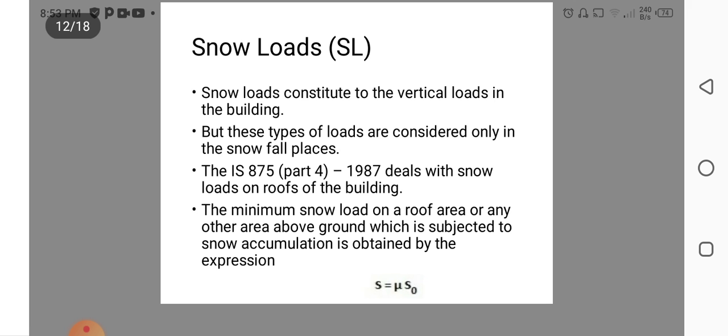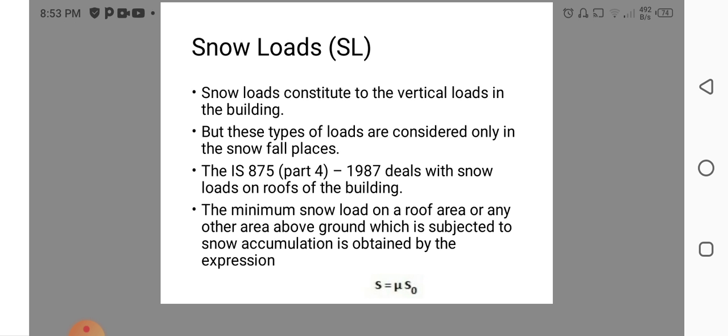Snow load constitutes a vertical load on the building, but these loads are considerable only in snow-falling places. The expression for snow load is given in IS 875 part 4.